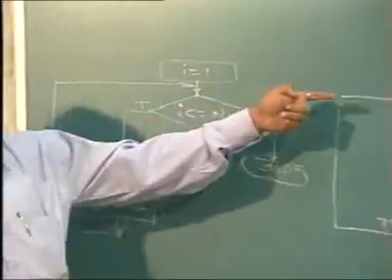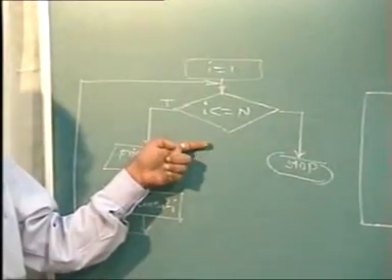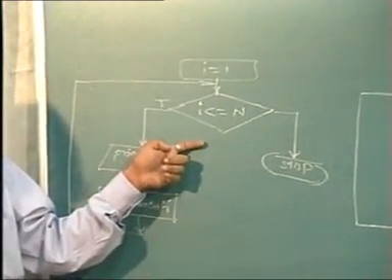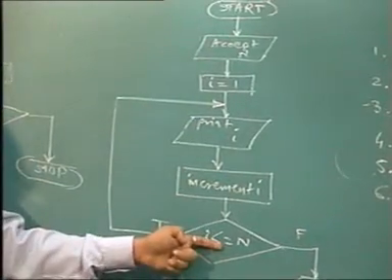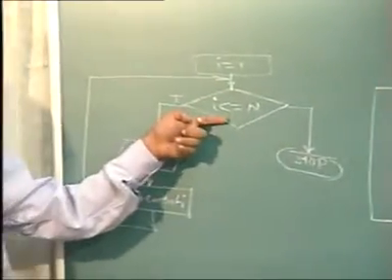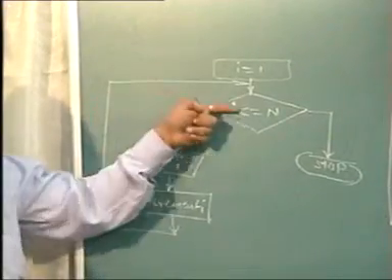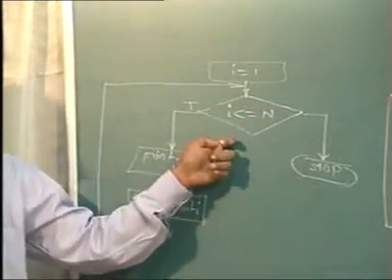Only thing is this will always end with check. This will also end with check. Are you getting me? Print increment check, print increment check. On false, stop. What will happen here? Check, print increment check, print increment check, false, stop. So it will always end with check only.